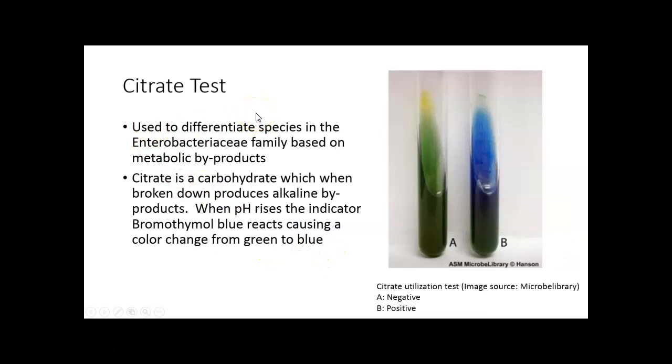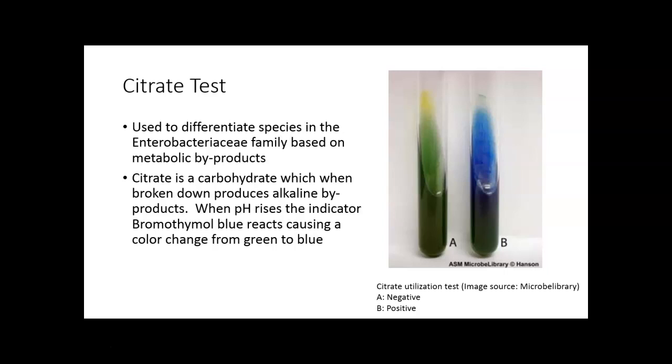And the last test you're going to do then is you're going to run a citrate test. Citrate is a differential media. It differentiates based on the ability of bacteria to utilize citrate or not, in an anaerobic process, so in a fermentative process.